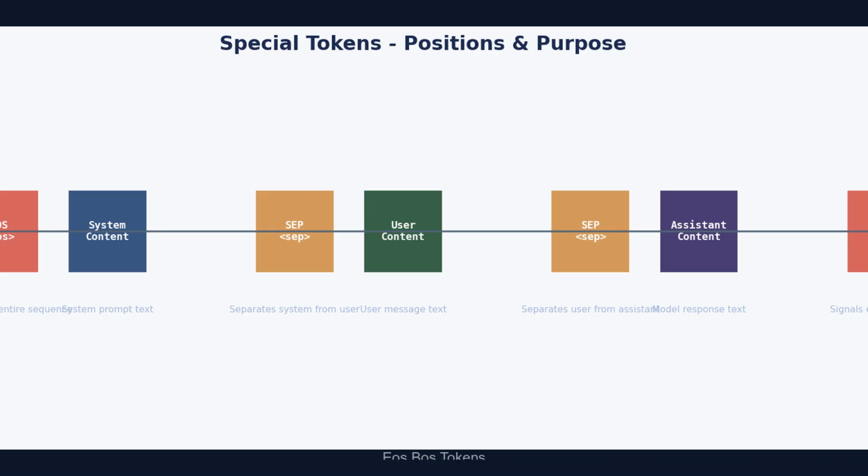The assistant content closes the sequence, followed by EOS, end of sequence. Each token has a specific job. BOS and EOS frame the entire input. SEP tokens mark the boundaries between speakers. If any of these are missing or misplaced, the model's ability to distinguish between roles during training degrades, which is why programmatic token validation matters.